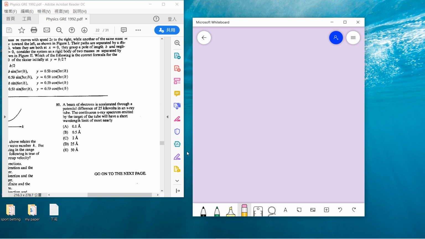Basically you have electron volts, and we want to somehow connect the electron volts to the wavelength.